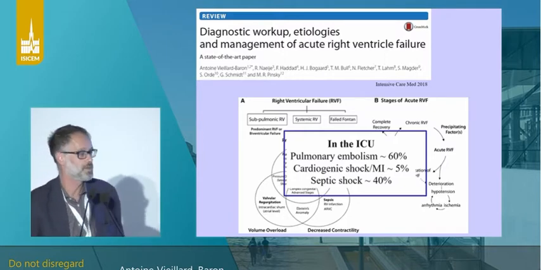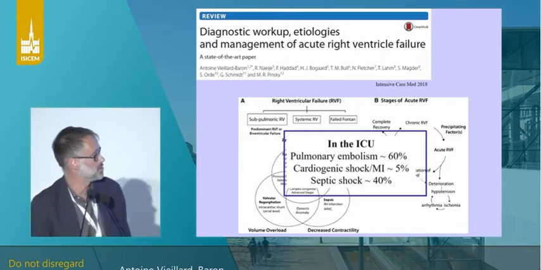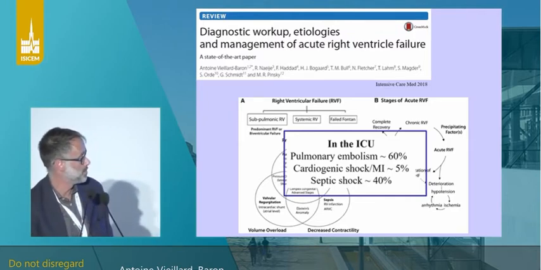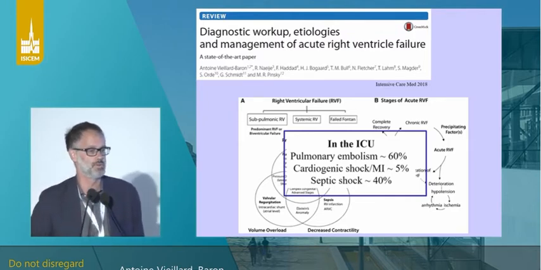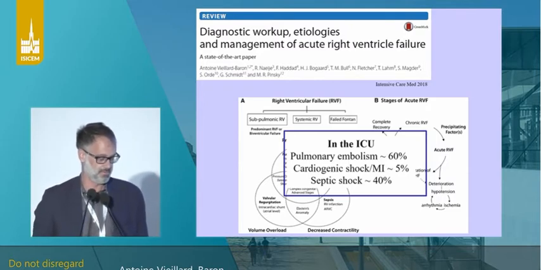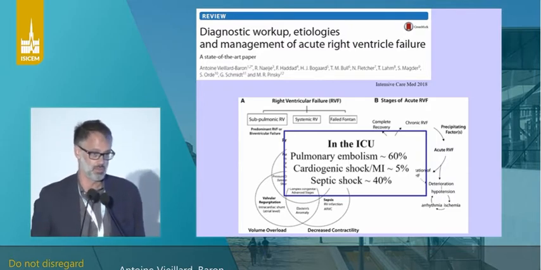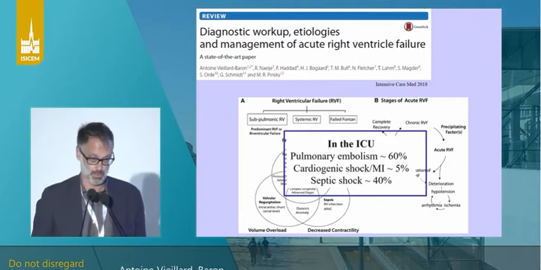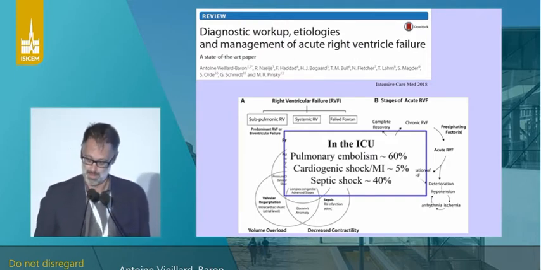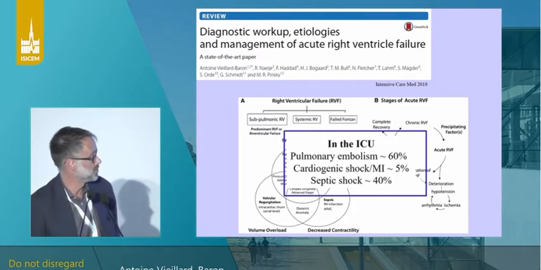And finally, for patients admitted for septic shock, if you systematically record the RV function, probably you have an incidence around 40%, and I did not give you here the incidence in patients with ARDS, which is around 20 to 30% of RV failure, despite the use of protective ventilation.